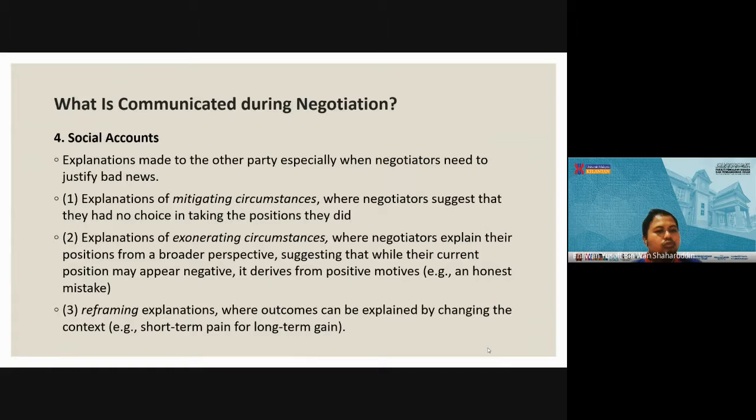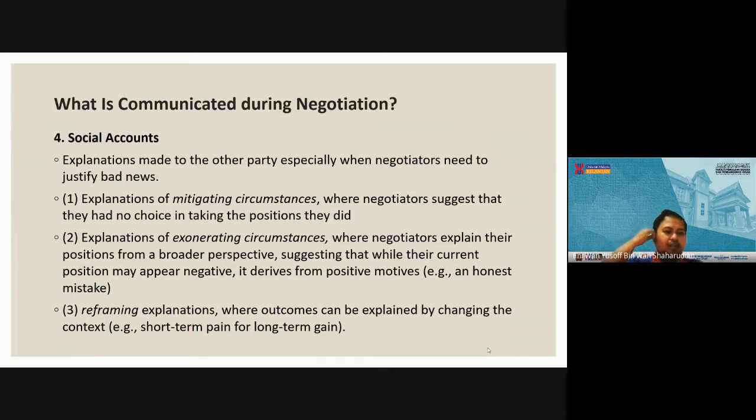Number two, explanation of exonerating circumstances. Exonerating here means you are giving a pardon, or being pardoned for some circumstances, where the negotiator explains the position from a broader perspective, suggesting that while their current position may appear negative, it derived from a positive motive, like for example, making an honest mistake.